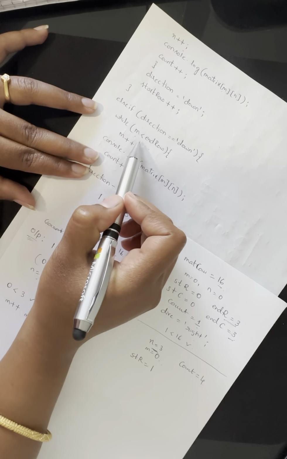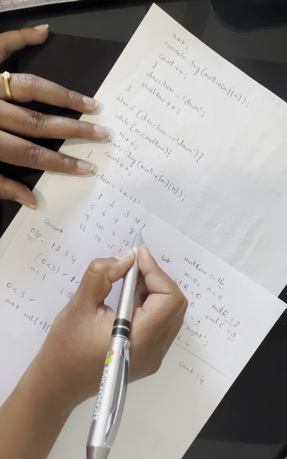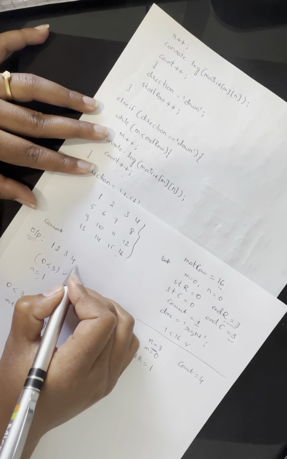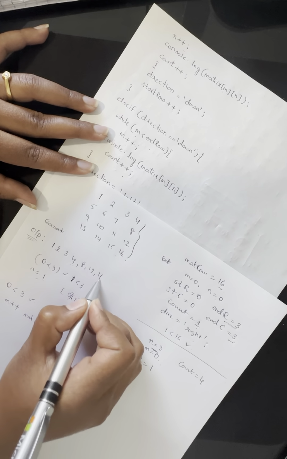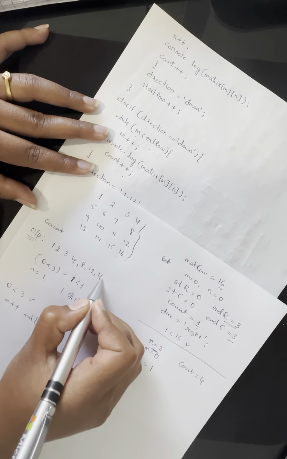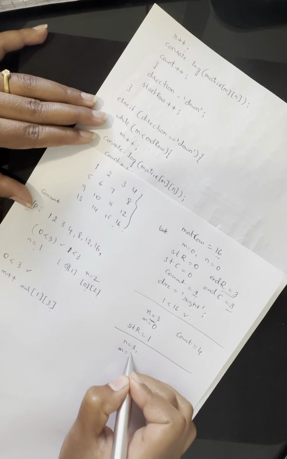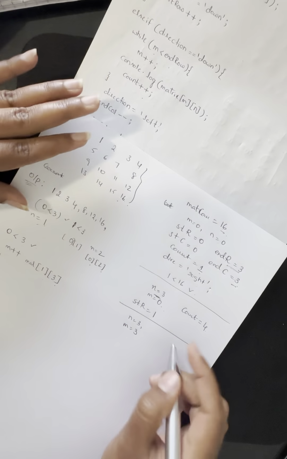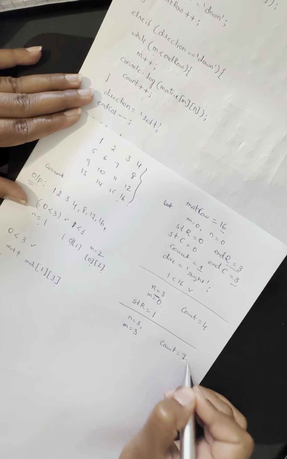So we'll be incrementing the m and printing all the elements, so we'll end up printing all the elements in the column: 8, 12 and 16, which makes n still 3, m becomes 3, and the count becomes 7.